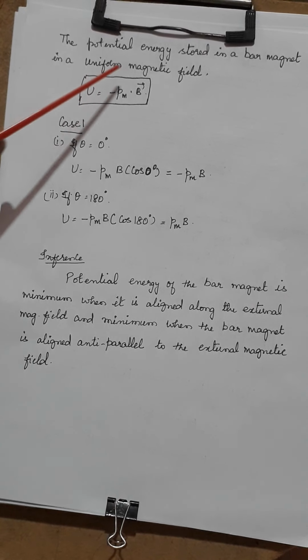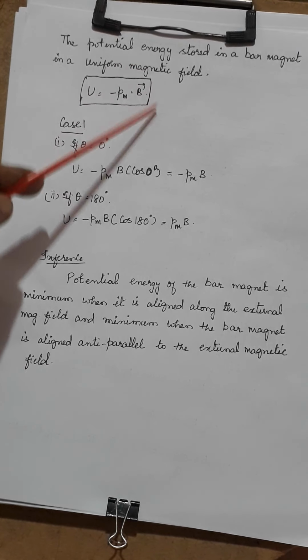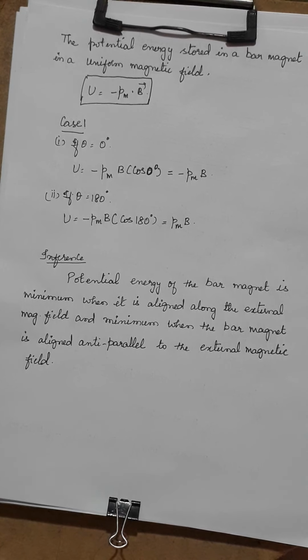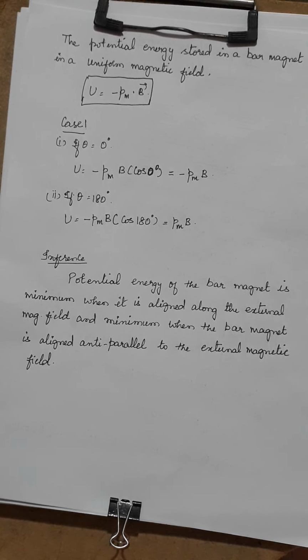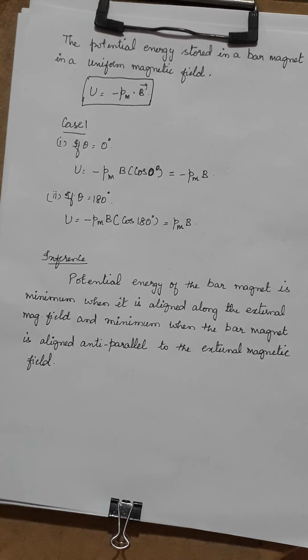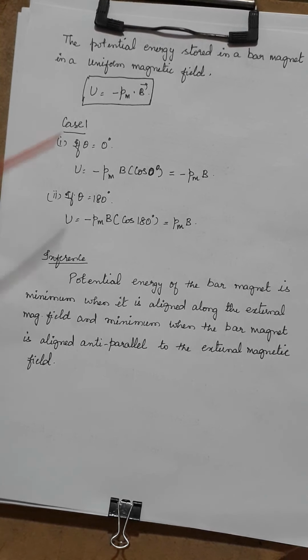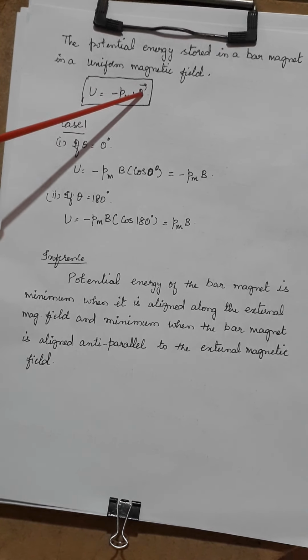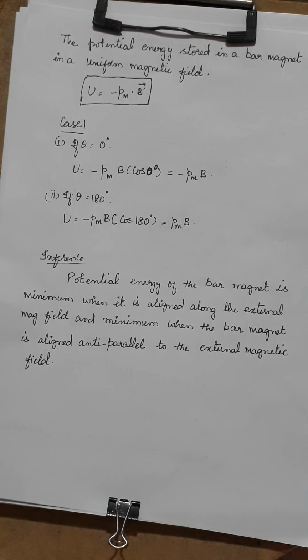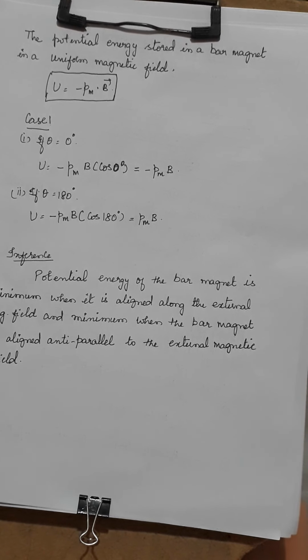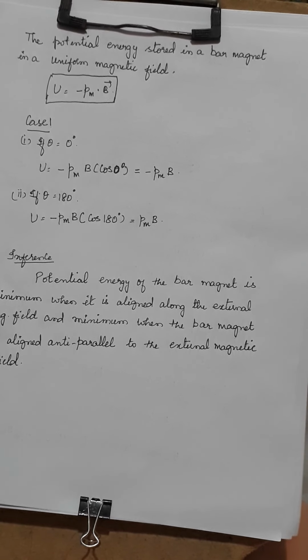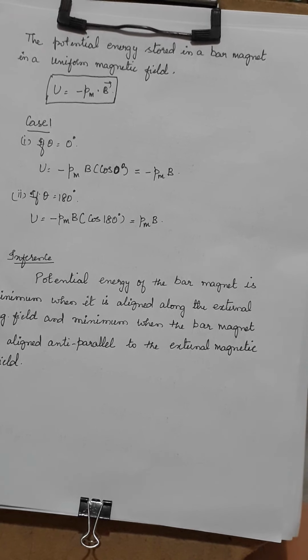So U is equal to minus Pm B cos theta, and it has extreme values at theta equal to 0 or 180, because cos 0 is 1 and cos 90 is 0. That is why.